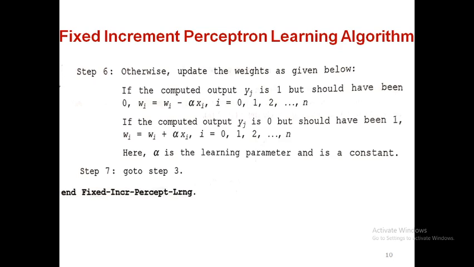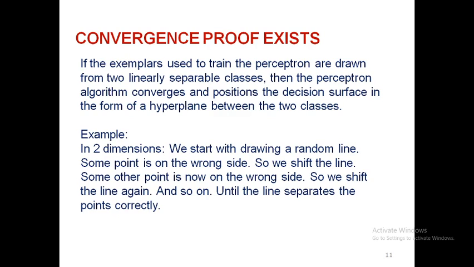So if you see, the convergence proof exists. The learning algorithm will converge if the exemplars used to train the perceptron are drawn from two linearly separable classes. We have seen that they are linearly separable because we can separate them with some plane, one point on one side and the remaining three points on the other side, as in the quadrant diagram.